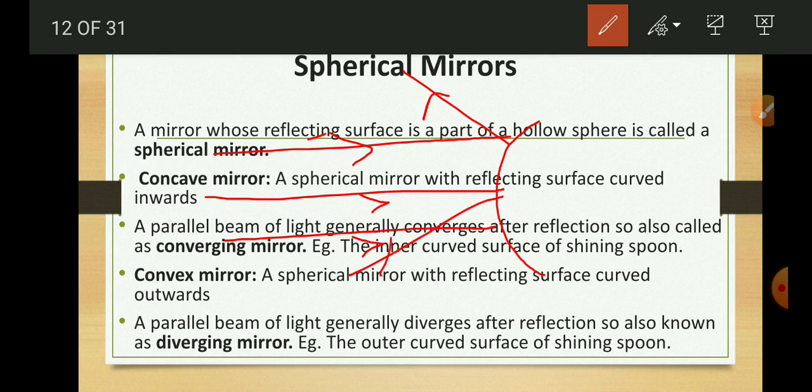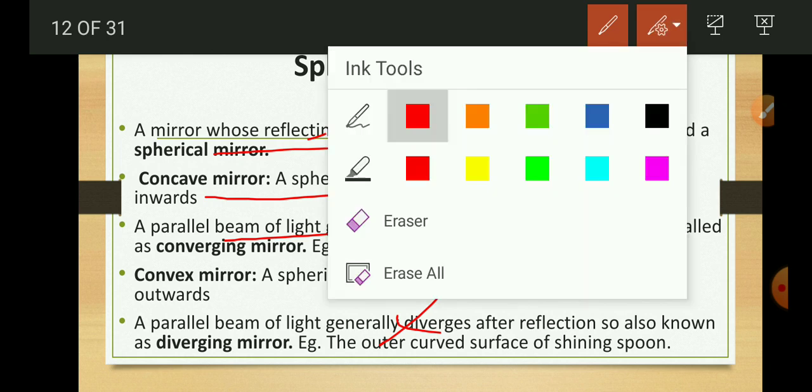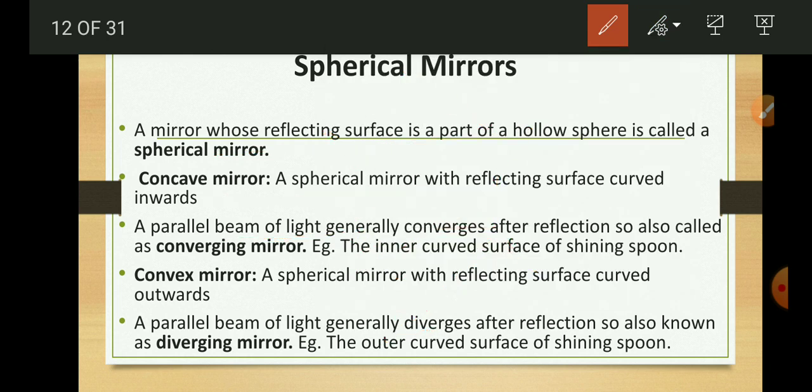An example is the outer curved surface of a shining spoon. So students, remember that if the inward or depressed surface is the reflecting surface, then that is a concave mirror, and if the outward or bulged surface is the reflecting surface, then that is a convex mirror.